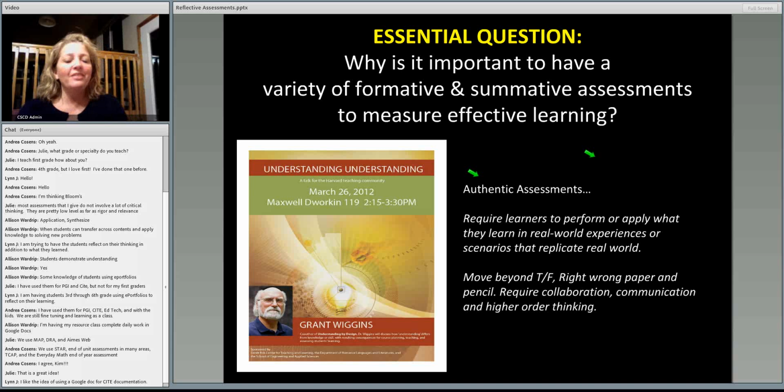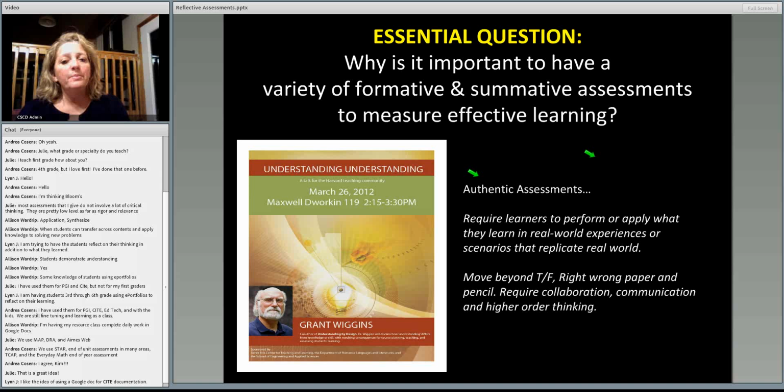I love this quote from one of our gurus in education, Grant Wiggins, and he challenges us to say that authentic assessments require the learners to be the ones to perform or apply what they learn in real-world experiences or scenarios that replicate the real world.